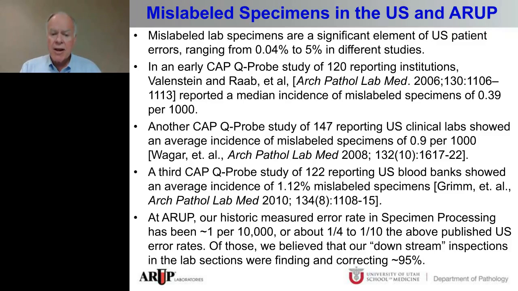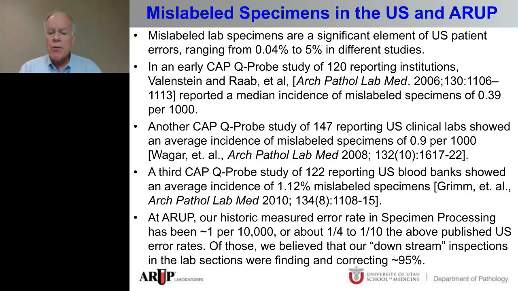Again, published in the Archives of Pathology and Lab Medicine. A third CAP Q-probe study was published in 2010. In this case, 122 U.S. laboratories that had blood bank operations reported an average incidence of mislabeled specimens of 1.12%.